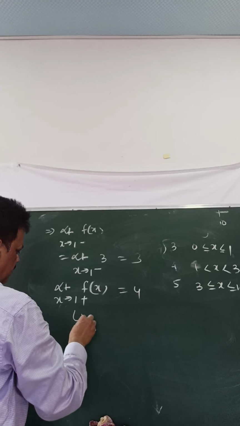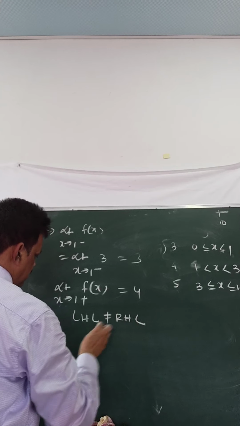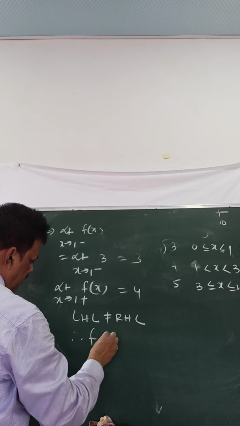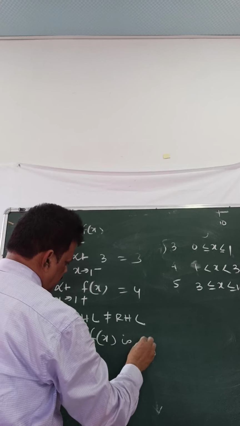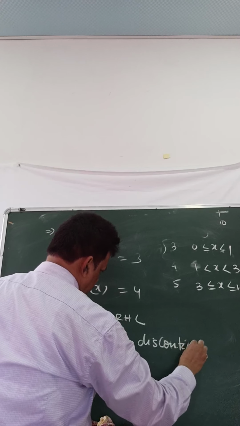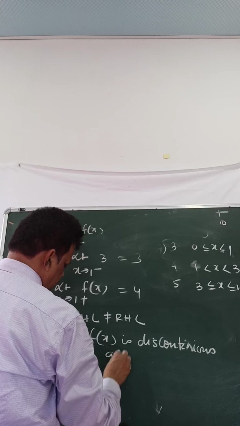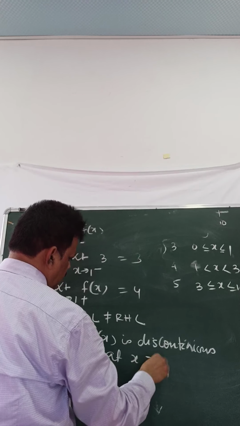The left hand limit is not equal to the right hand limit. Therefore, f(x) is discontinuous at x equals 1.